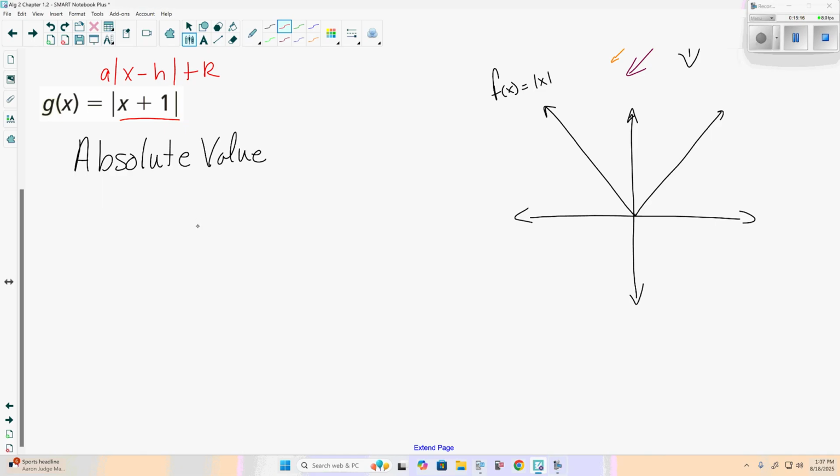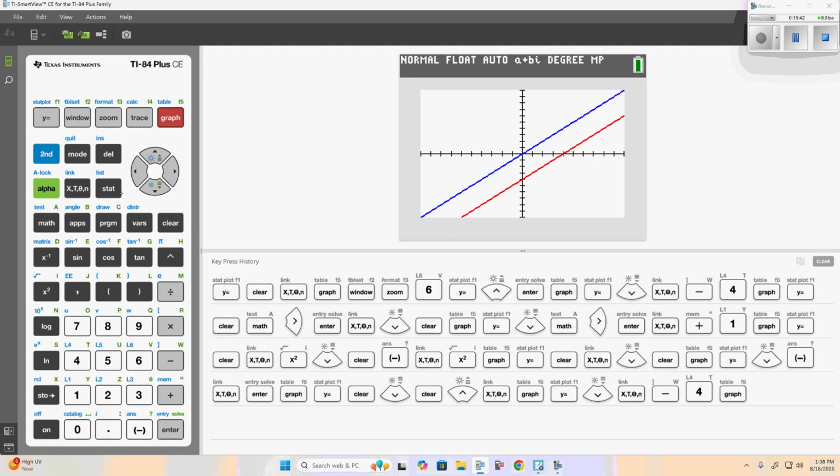Because we're going to move it 1 unit to the left or to the right, because we have that 1 in place of h, yes? Now the question is, are we moving it to the right or to the left? The right. We all agree with right one? And luckily we do have the graphing calculator.